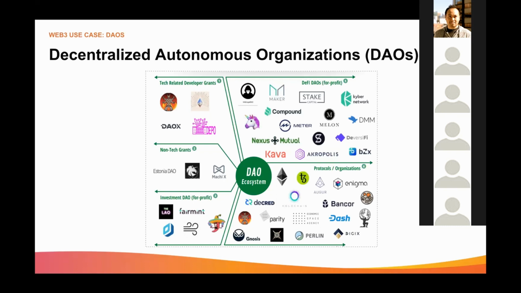So that's an example of a protocol DAO. We have seen a lot of community DAOs: groups of people banding together to create a community around a common mission, a cause, a social club, a learning group. That's another very common type of DAO. We have seen non-profit DAOs where people raise money for a certain cause.